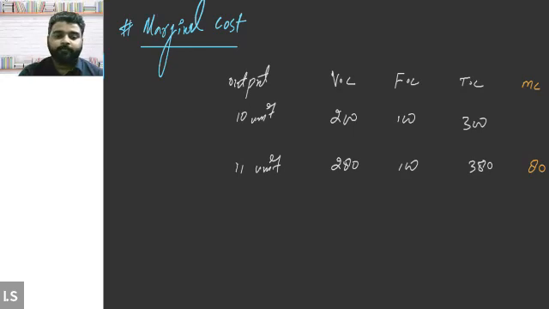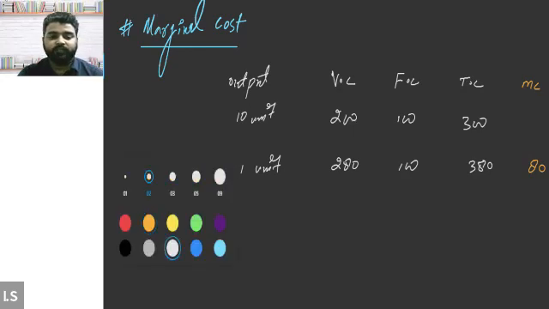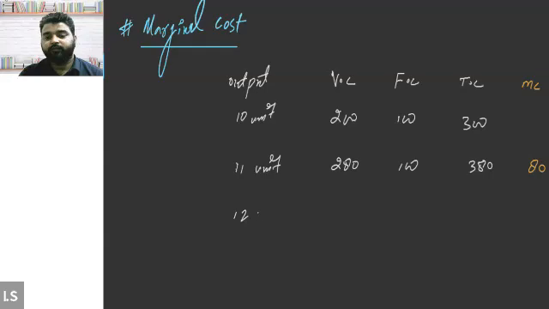Now, let's suppose he further increases the production to 12 units, and by doing that the variable cost rises to, let's suppose, 400, and fixed cost will obviously remain the same, 100. Now can you tell me the marginal cost?